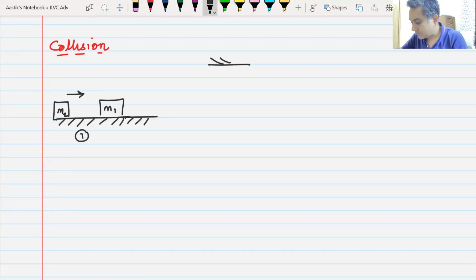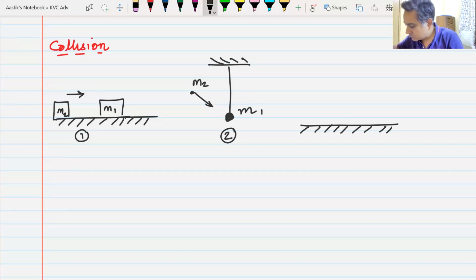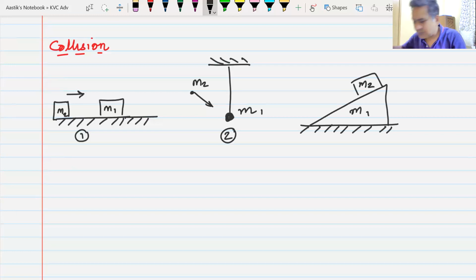Second case, there is a body of mass m1 hanging here like this, a body of mass m2 striking it like this. Case number 3, there is a wedge of mass m1, all are frictionless, and on that wedge there is a block of mass m2 kept on top of it, and I leave the system.